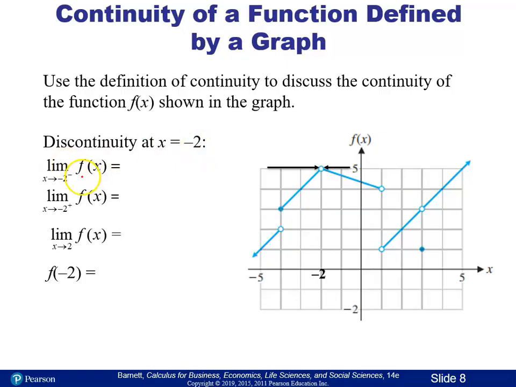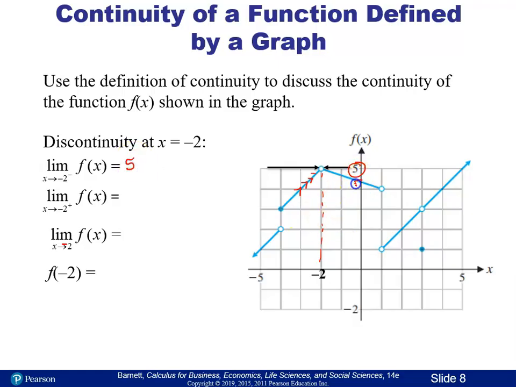First of all, do I have a limit at -2? If I approach -2 from the left, using this piece here, the y value I'm getting closer to is 5.